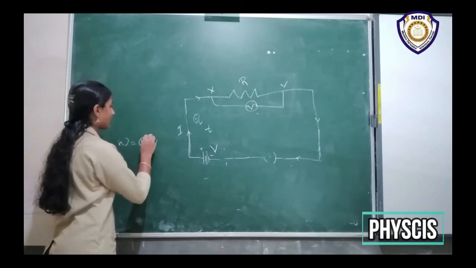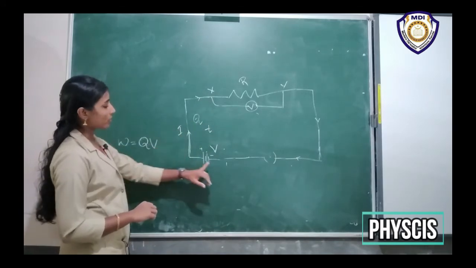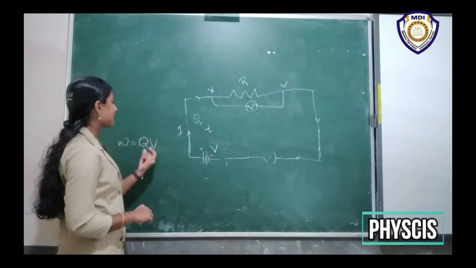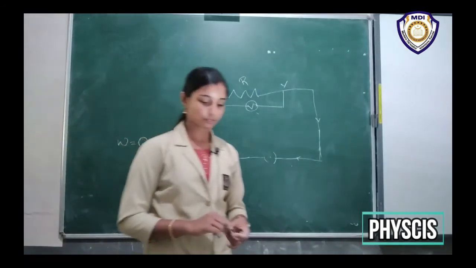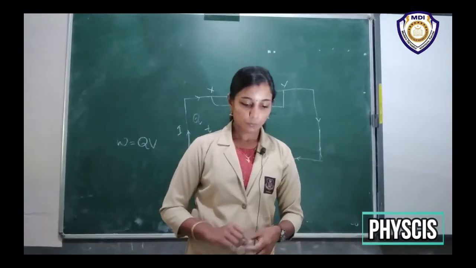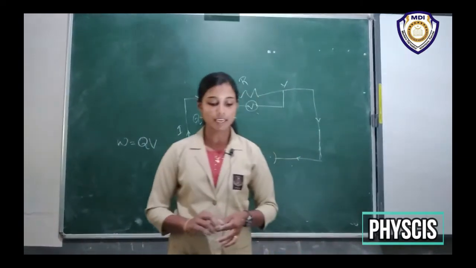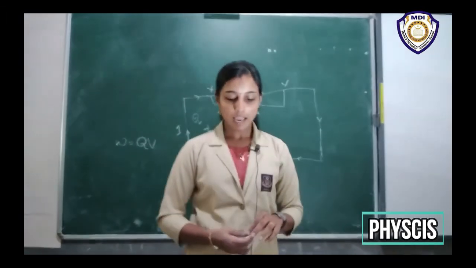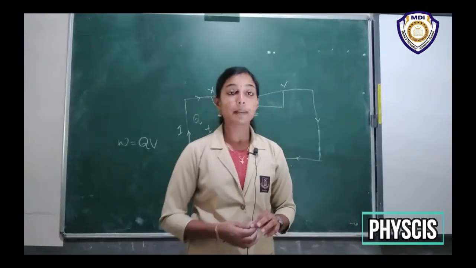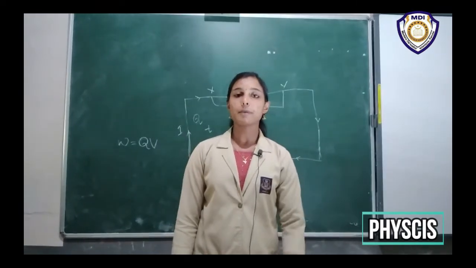The work done to move a charge Q across a potential difference V is QV. And therefore the source must supply energy equal to VQ in time t.